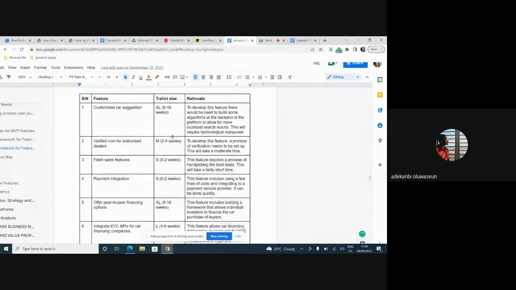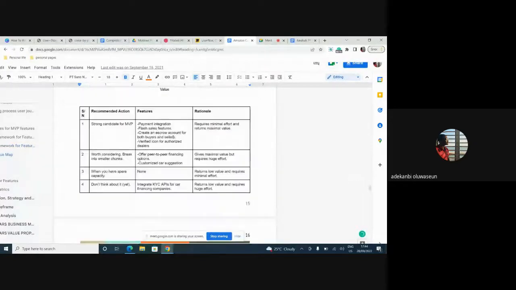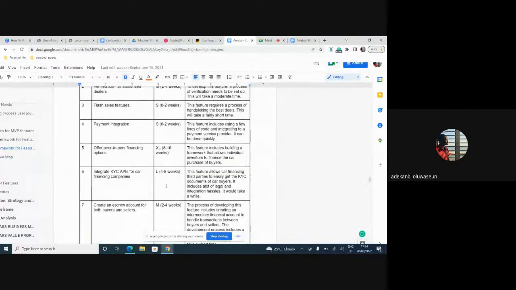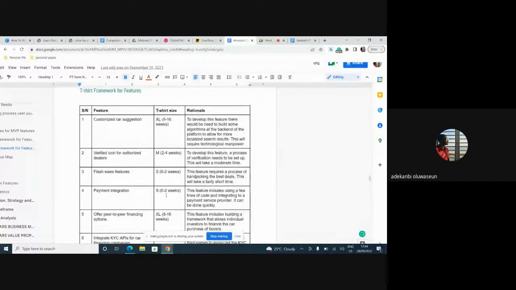The Moscow framework has its own taglines, and here you have the L, M, S. The reason they call it the T-shirt framework is they copied the codes used when you are buying a T-shirt. At the back of that T-shirt, you see things like L, M, XL, extra large, large, small, medium. That's why it's called the T-shirt framework.